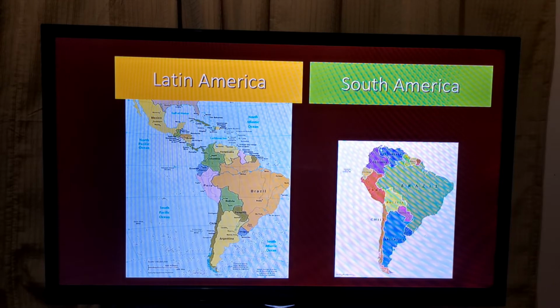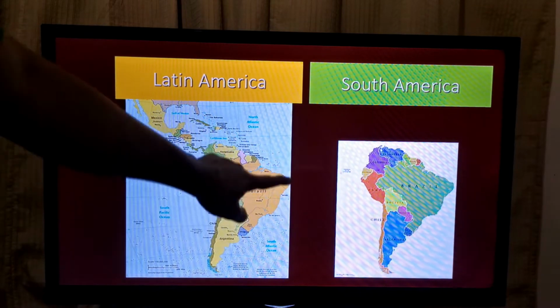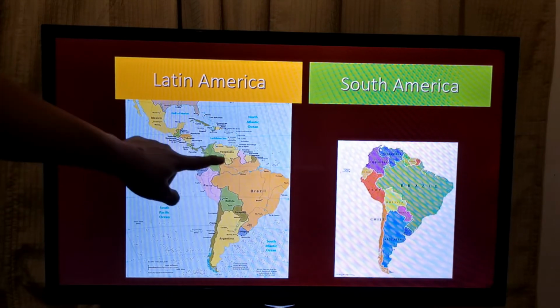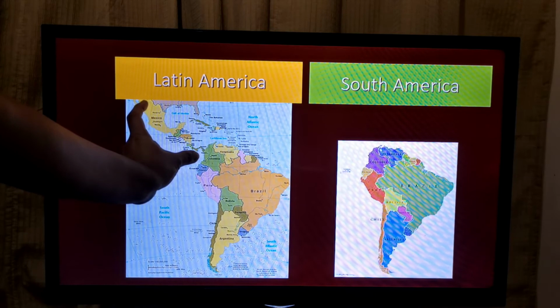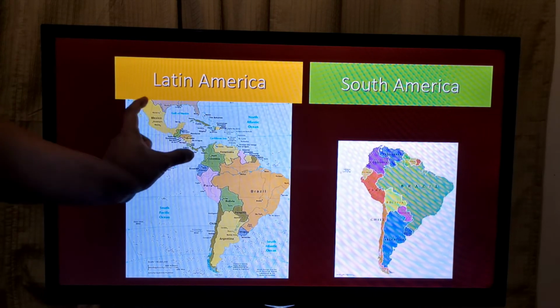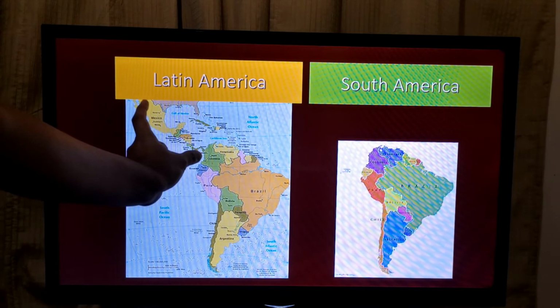Now, Latin America is more of a cultural term. And it includes the countries in Central America. So it is South America plus this part of North America. Okay, it's connected to the US. Okay, but most people call this Central America.